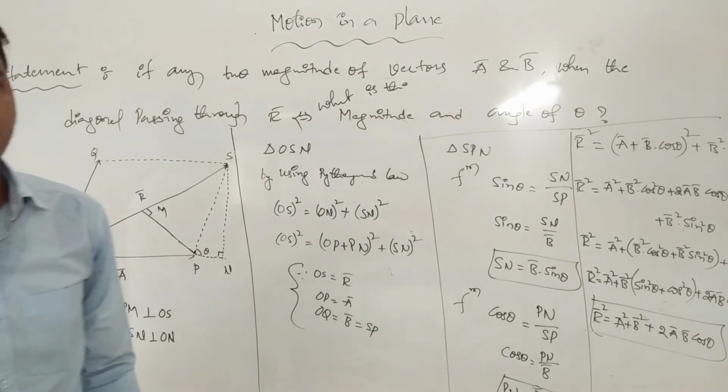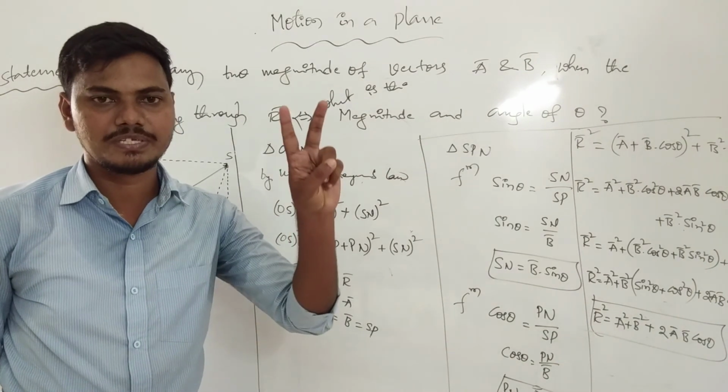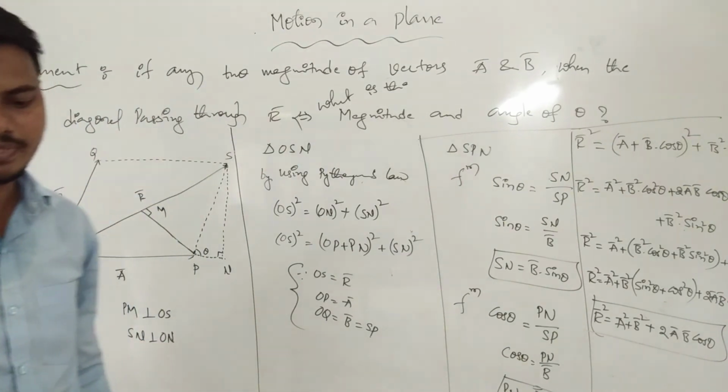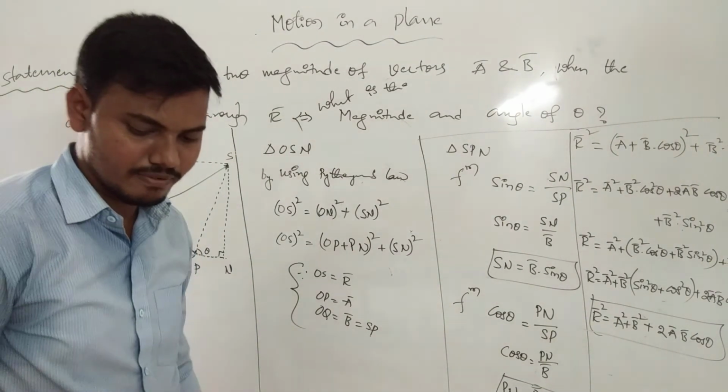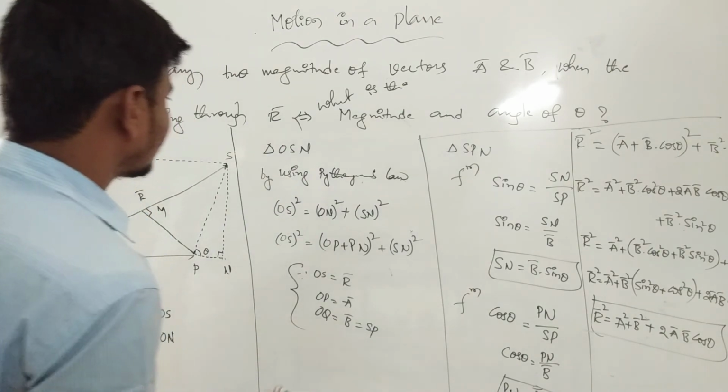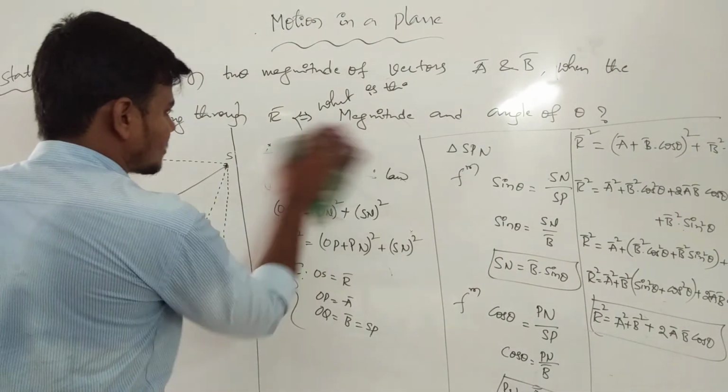In a vector there are mainly two parts. The first one is magnitude, the second one is direction. Magnitude is completed. Clear? Today we are discussing the other one, direction, in this topic. In these directions we can introduce their representations.